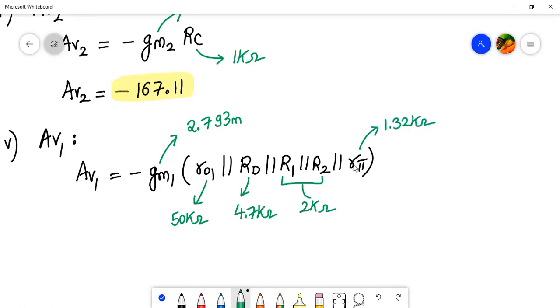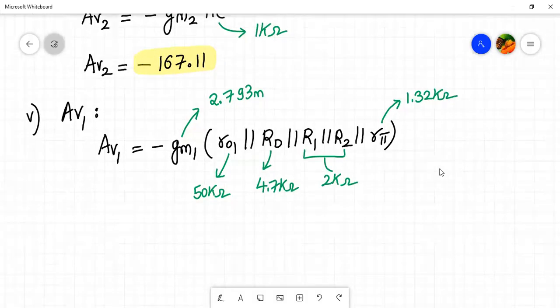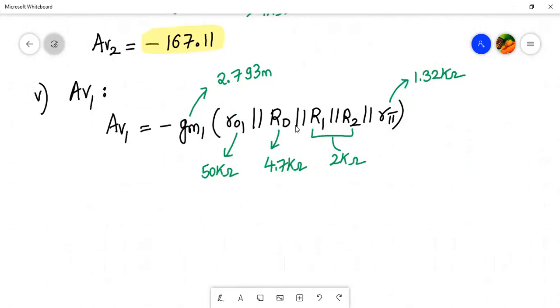So all these things we have calculated. R pi we calculated, gm1 we also calculated. So we have to do these calculations in the calculator. There will be 50 kilo ohm parallel to 4.7 kilo ohm, parallel to 2 kilo ohm, parallel to 1.32. So obviously the result will be lesser than 1.32 kilo ohm, right?